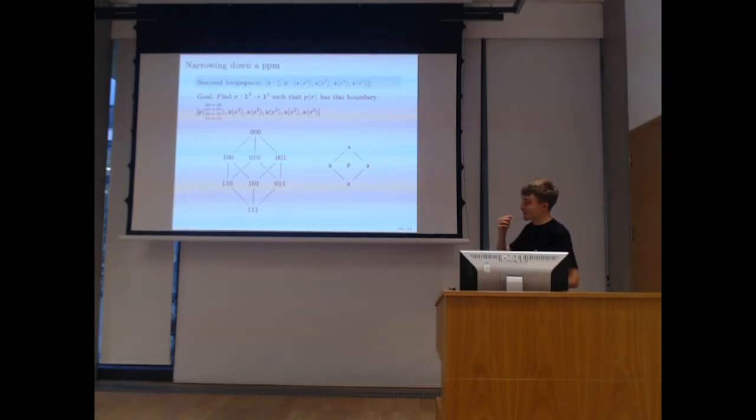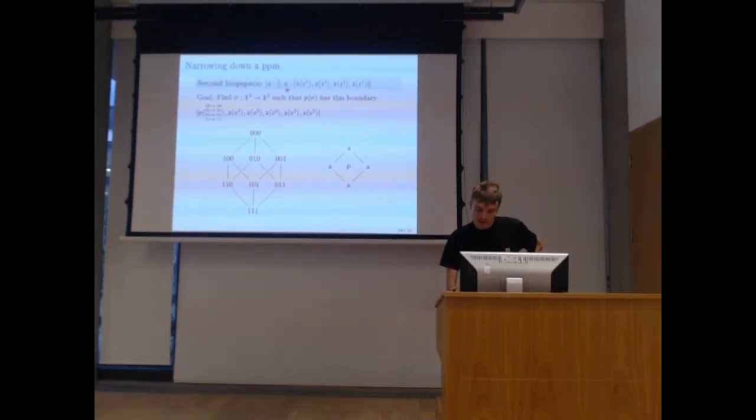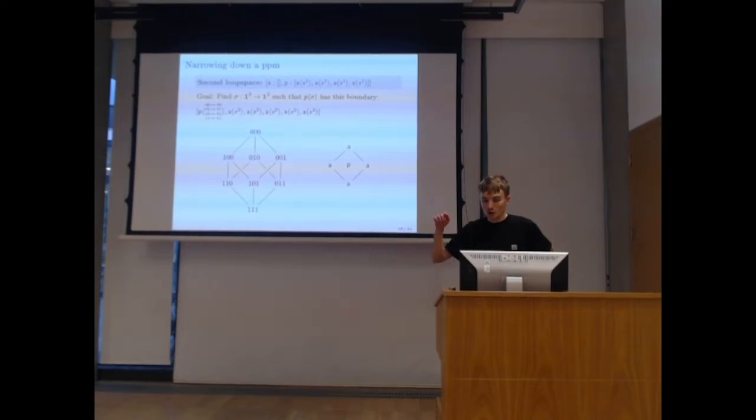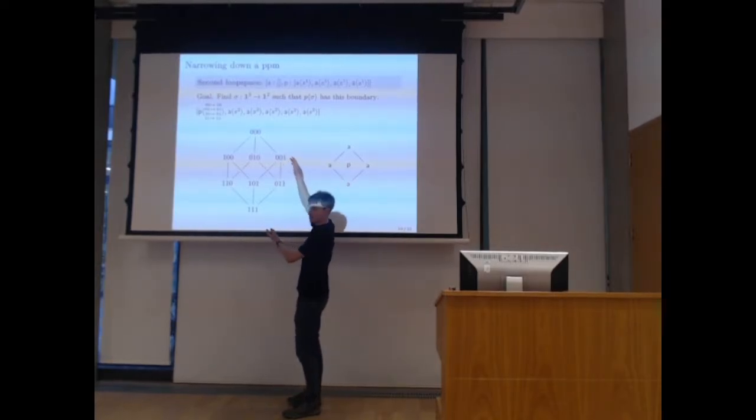So recall again, we look at this 2-dimensional sphere. So we have A as a point and then a P, which just builds a sphere around this point. And now we want to construct something with this boundary. So as said, we are looking for a poset map from 1 to the 3 to 1 to the 2. So this is 1 to the 3, which already looks a lot like a cube, right?